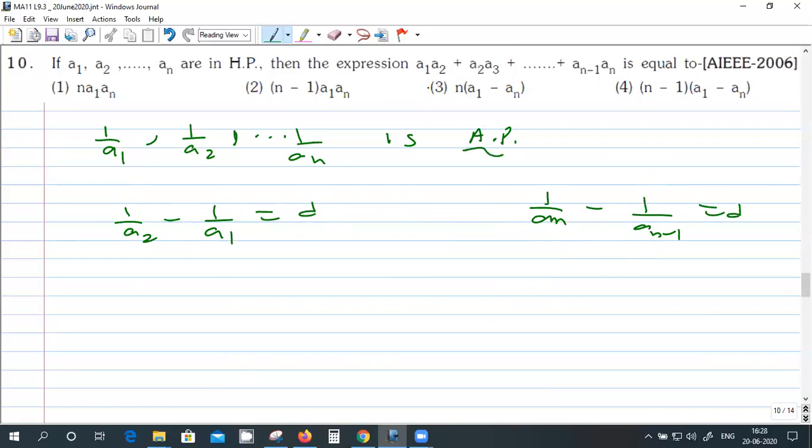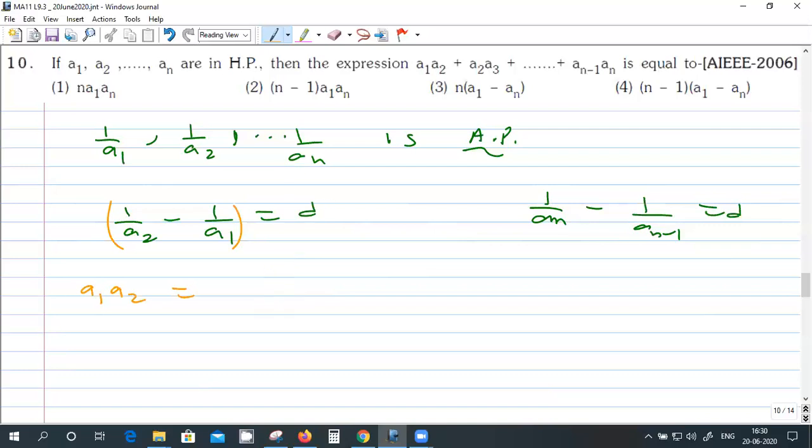Okay. So A1, A2, there's one more important step. Okay, now what is the next step? A1, A2, you have to write in terms of this one. This is (A1 minus A2) divided by A1 A2.